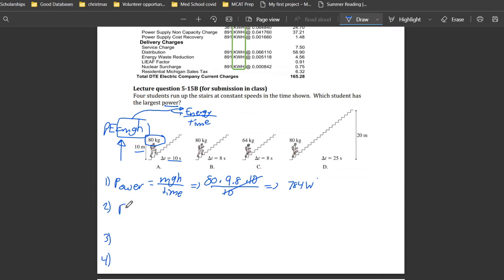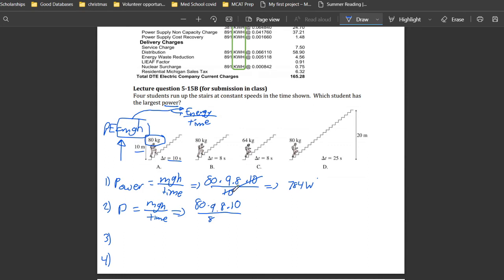So for case 2, I'm going to abbreviate power to P equals mgh over time, and we see that it takes less time for the same amount of mass to go up the same distance, so it's still the same scale of 10 meters, which means that we have 80 times 9.8 times a height of 10 meters still, divided by 8.